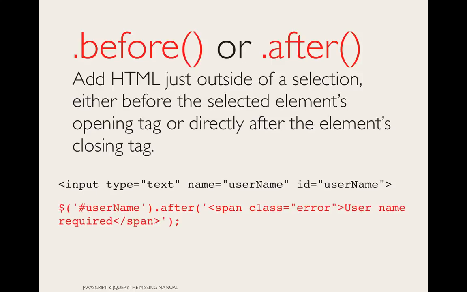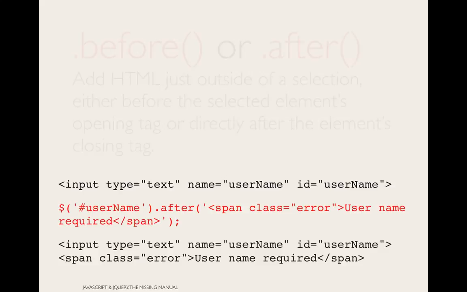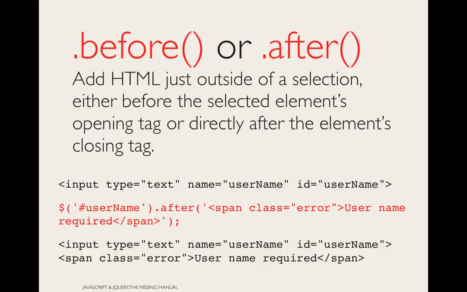Username is the field we're working with, and you might want to, in response to some user input, add an error message after the input text, because with whatever validation you did, they might have not put in a name, or they might have left out the name, and you want to give them some feedback, which is really good usability. So add HTML just outside of a selection, either before the selected element's opening tag or directly after the element's closing tag.